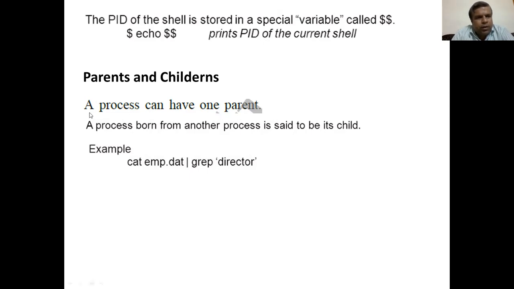A process can have only one parent. And what is a child process? A process born from a parent process is said to be a child process.